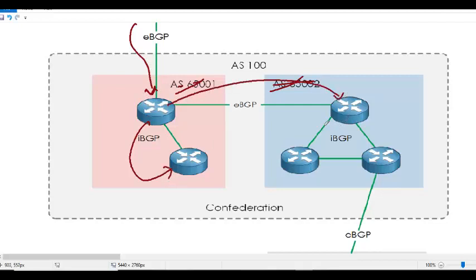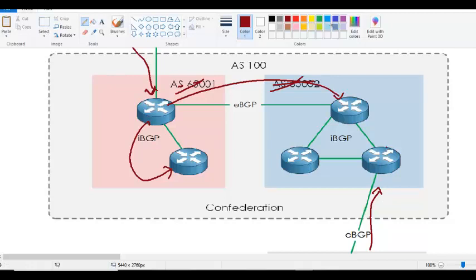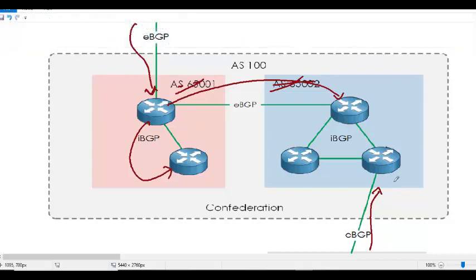And that's all. It won't go further anywhere else. Likewise, the route that is coming from here will go from here to here and to here. That's all. It won't move further.